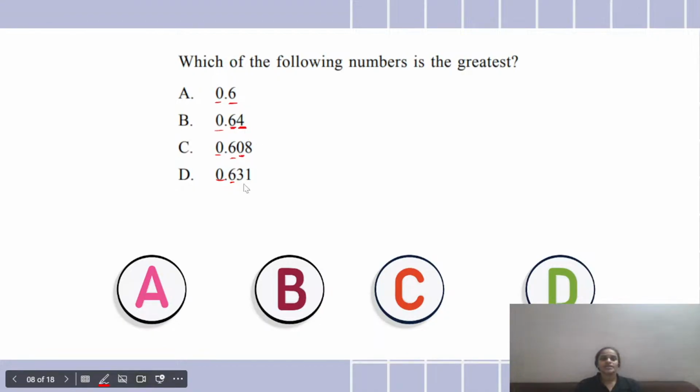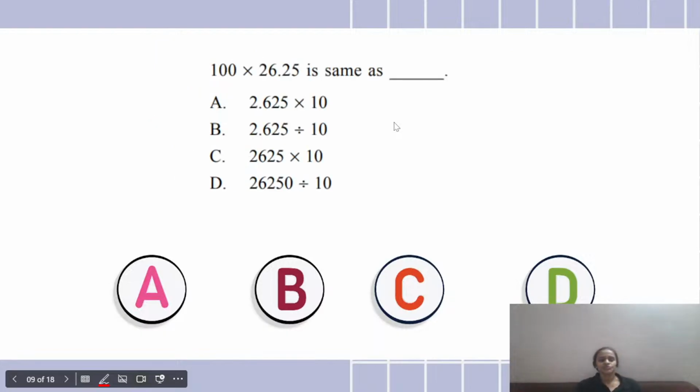Here it is 4, 0, and 3. Since 4 is the greatest, B is my correct option. Yes, absolutely right, Satish. Banishika. So option B is the correct answer. Okay, all right. Very good.